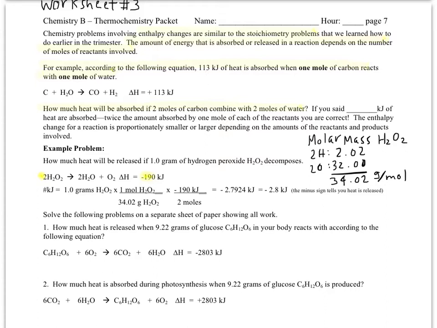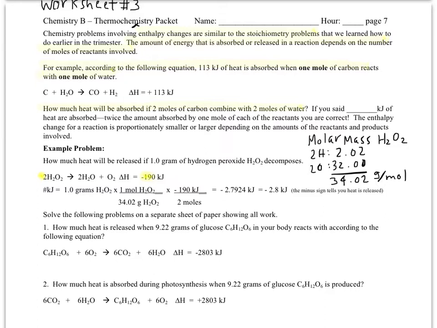So if you read up here at the top of your screen, enthalpy changes are really similar to the stoichiometry and moles problems that we learned to do earlier in the trimester. So if you think back to what you know about those kinds of problems, it will help you to do these problems more easily.